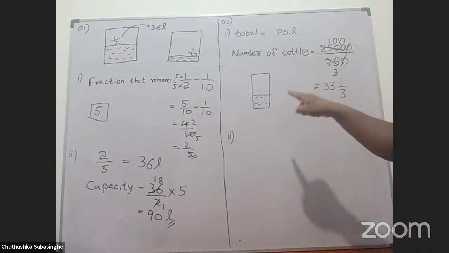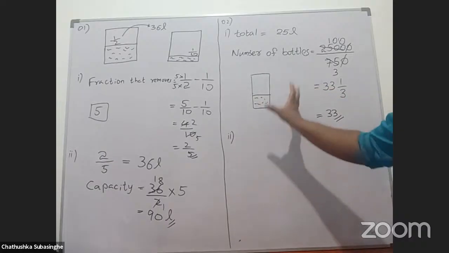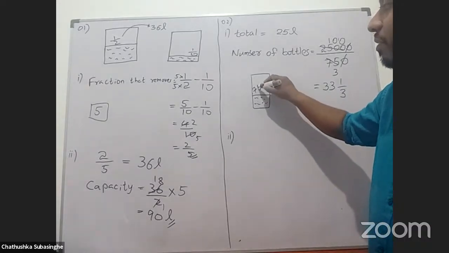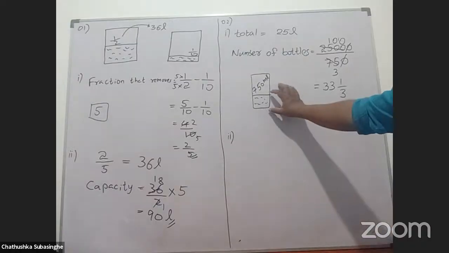When we are doing that, in the last bottle, we have only 1/3 of it. This total bottle is 750 milliliters, but it has been filled only 1/3 of it.